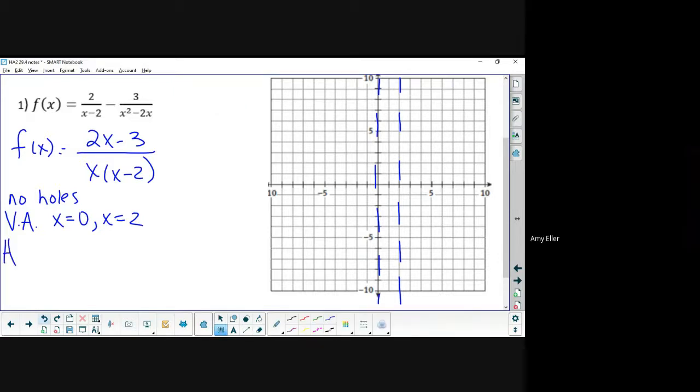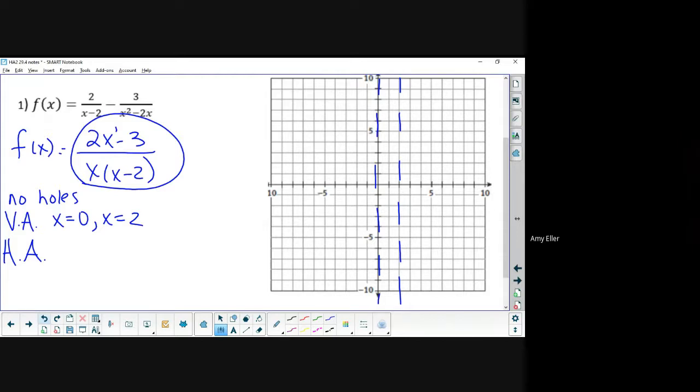Horizontal asymptotes. I would look here. I wouldn't look at the original. What's the degree of the numerator? 1. What would be the degree of the denominator? 2. Even though you don't see an x squared, we see an x times an x, which would be x squared.